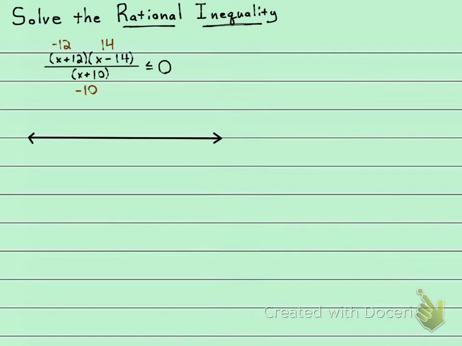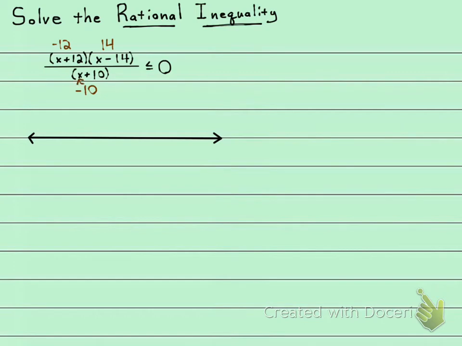It's very important at this point to note that if I am at negative 12 and this is 0, that is going to get a bracket because it is greater than or equal to 0. And at 14, if this binomial is 0, that is also going to get a bracket.